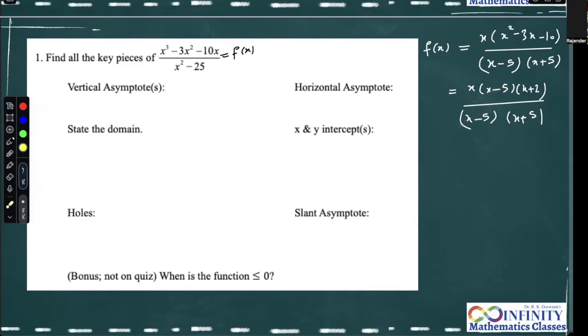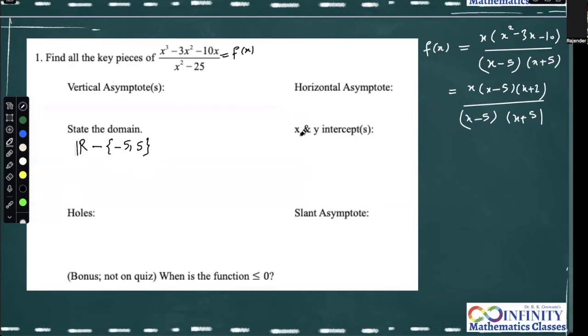So now let me start with some questions. State the domain. The domain is the set of all real numbers except where the denominator is 0. The denominator is 0 at negative 5 and 5. Any doubt? Okay. So we will be talking about the slant asymptotes.